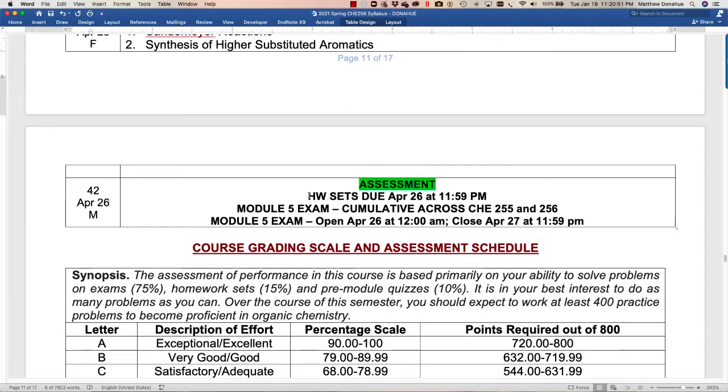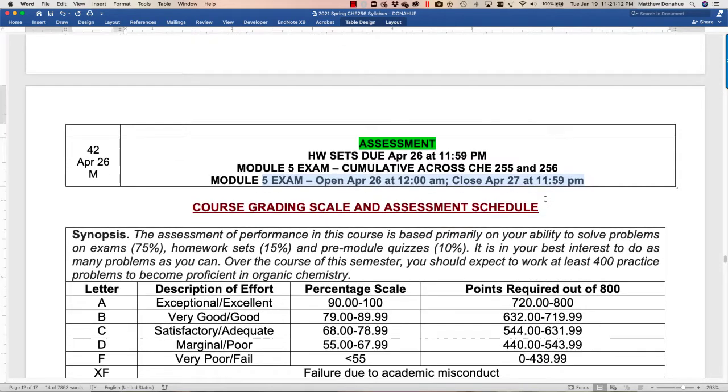And again, these assessments are due April 26th at 11:59 p.m. The module 5 exam is cumulative, and it's scheduled during the final exam time, open April 26th at 12 a.m. and closes the 27th at 11:59 p.m.